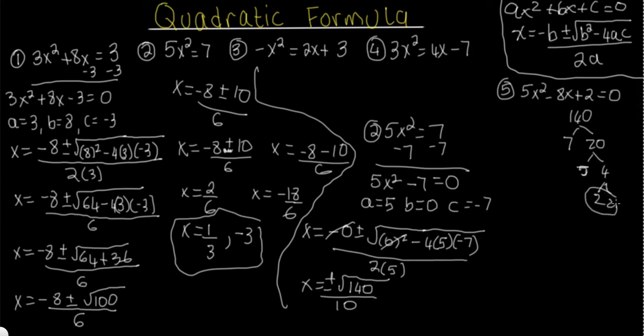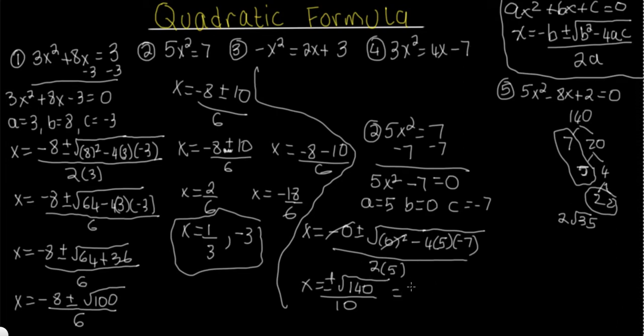So circle your pairs. I have a pair of 2 that's going to come outside. So I have my 2 outside, and then what's inside is what's left here. That's 7 times 5, which is 35. So the square root of 140 is the same thing as saying 2 square root of 35.